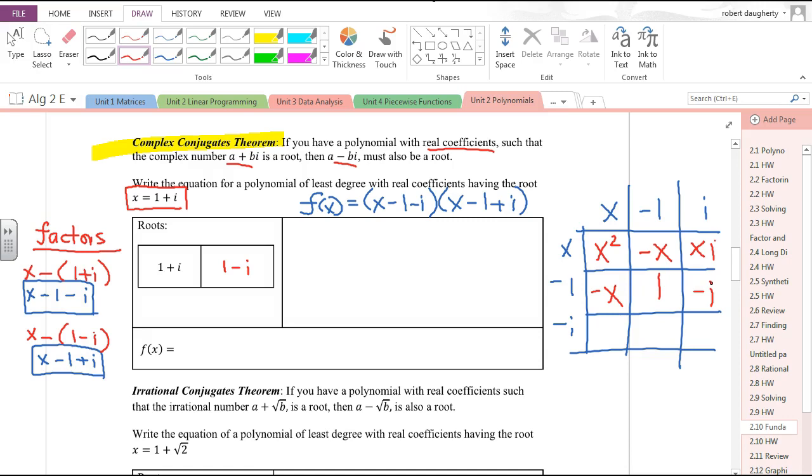Negative i times x, negative xi. Negative i times negative 1, i. And then negative i times i, that's negative i squared.